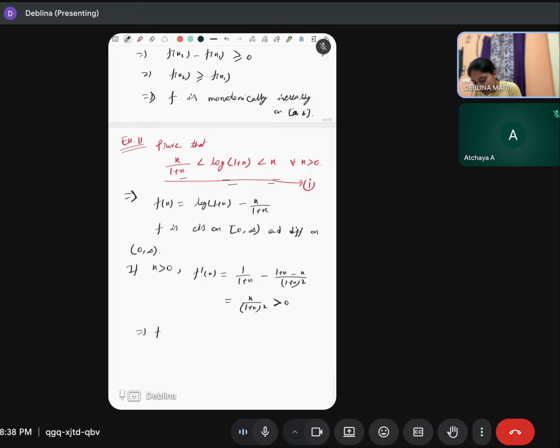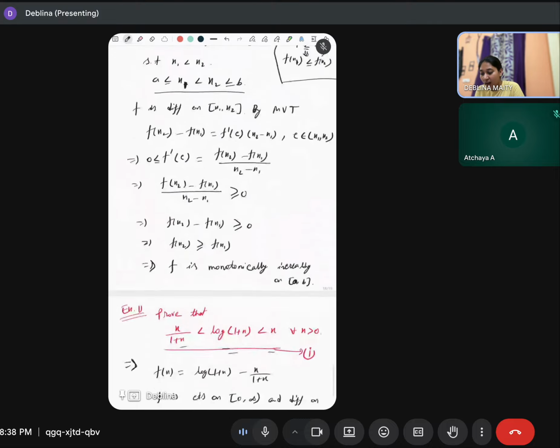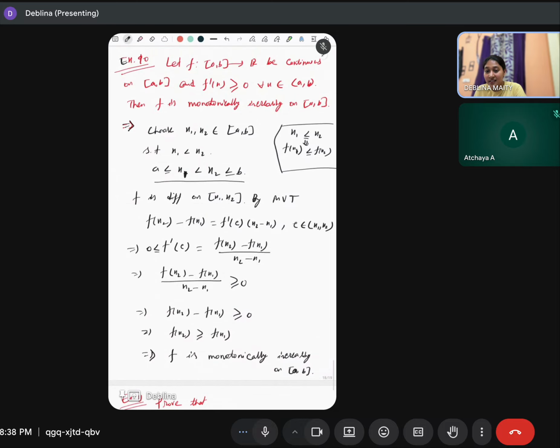By the previous problem, our f dash was greater than or equal to 0, that's why it is monotonically increasing. If I remove the equality sign, if f dash is strictly greater than 0, then it will be strictly monotonically increasing.